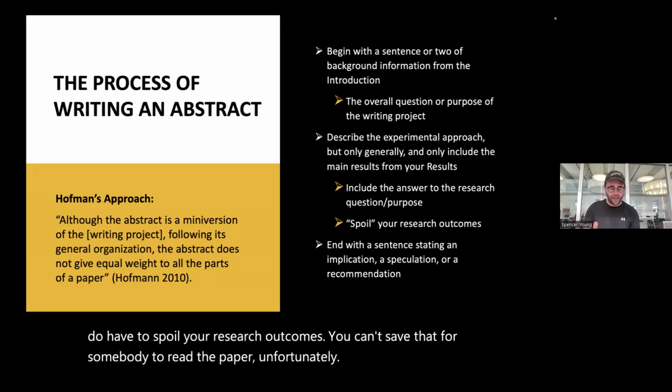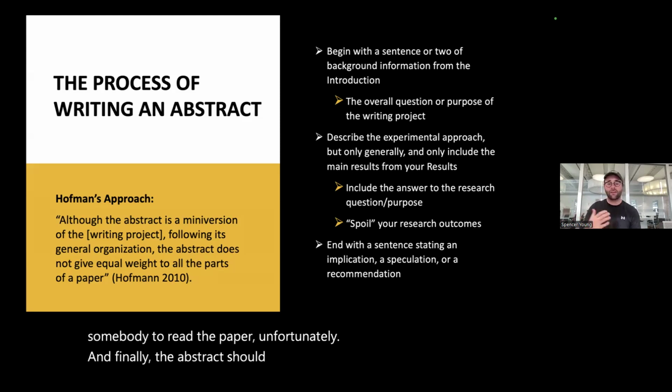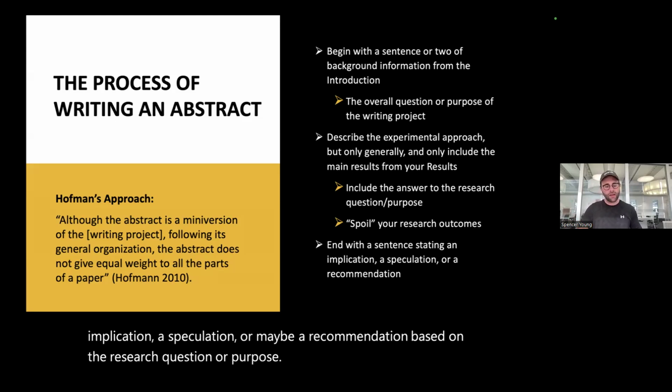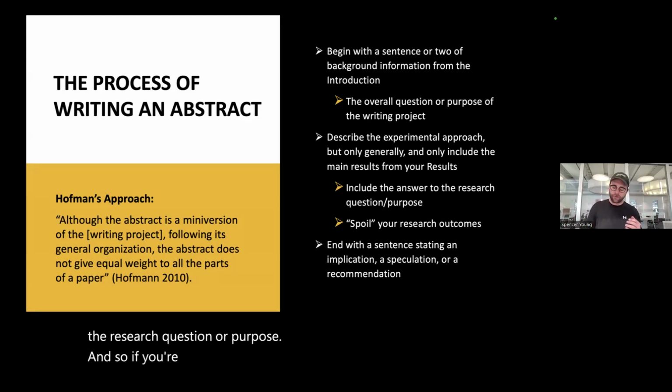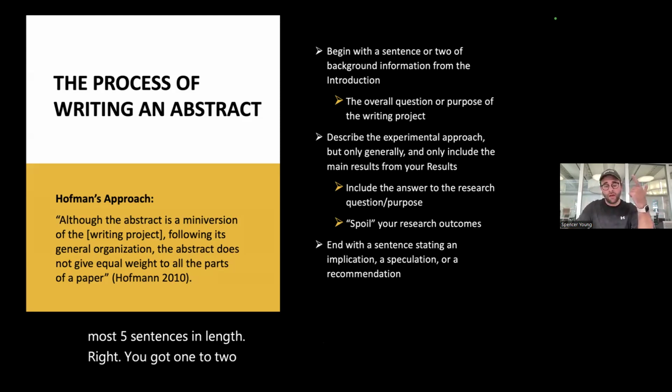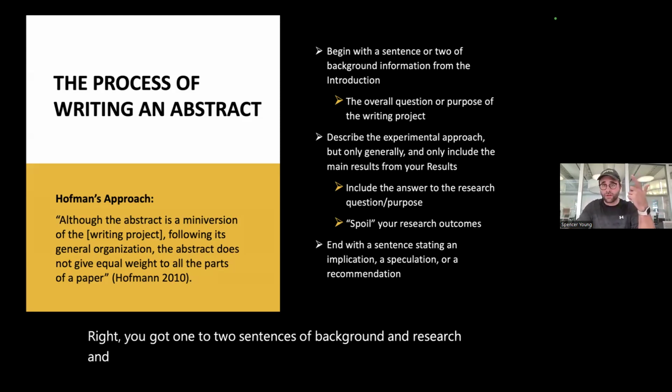And finally, the abstract should end with a sentence that states an implication, a speculation, or maybe a recommendation based on the research question or purpose. And so if you're tracking, right, altogether, the abstract may be at most 5 sentences in length, right? You got 1 to 2 sentences of background and the research question or purpose.